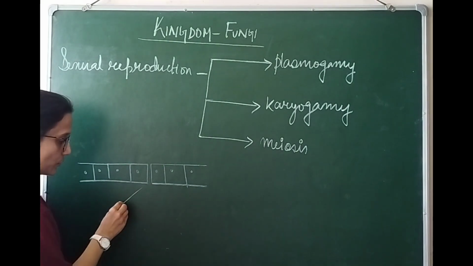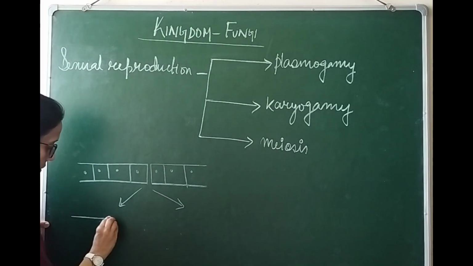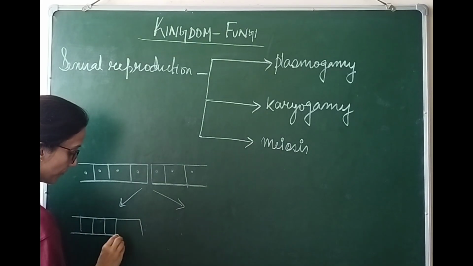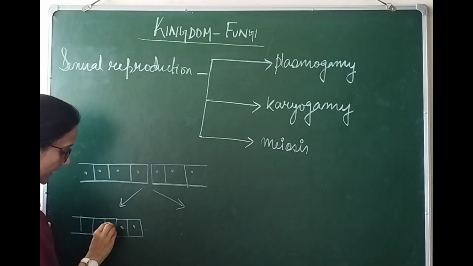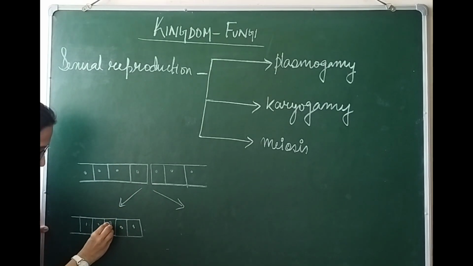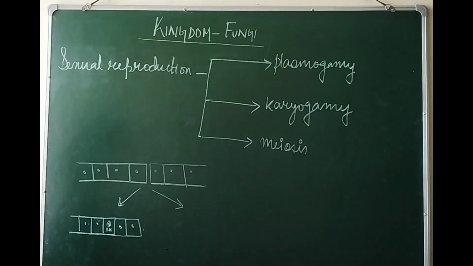So when they fuse, there are 2 situations that can arise. In the first condition, when they fuse, they will form a 2N structure. So imagine this is the condition where the 2 nuclei fused and formed a nucleus which is 2N, diploid condition.